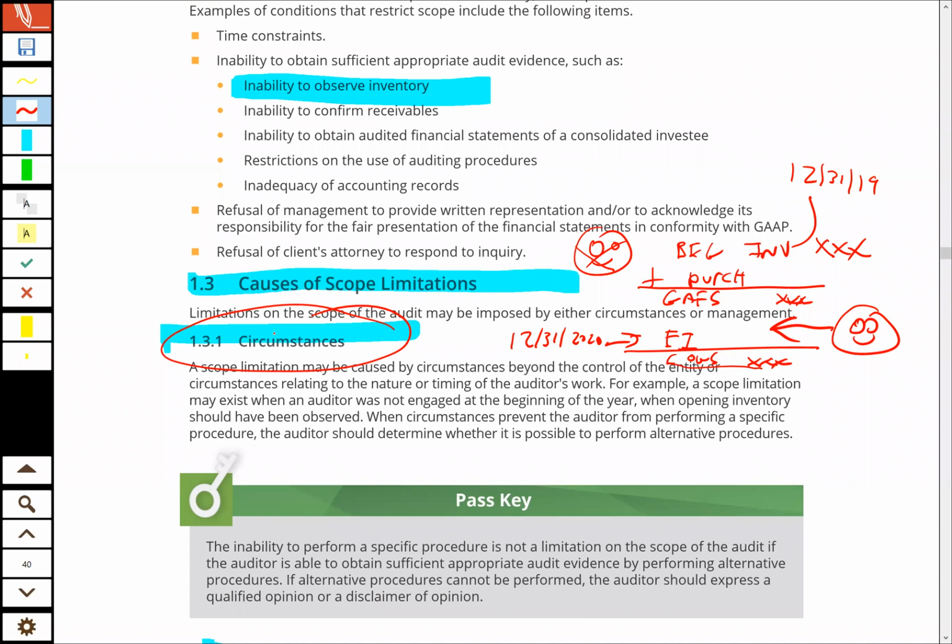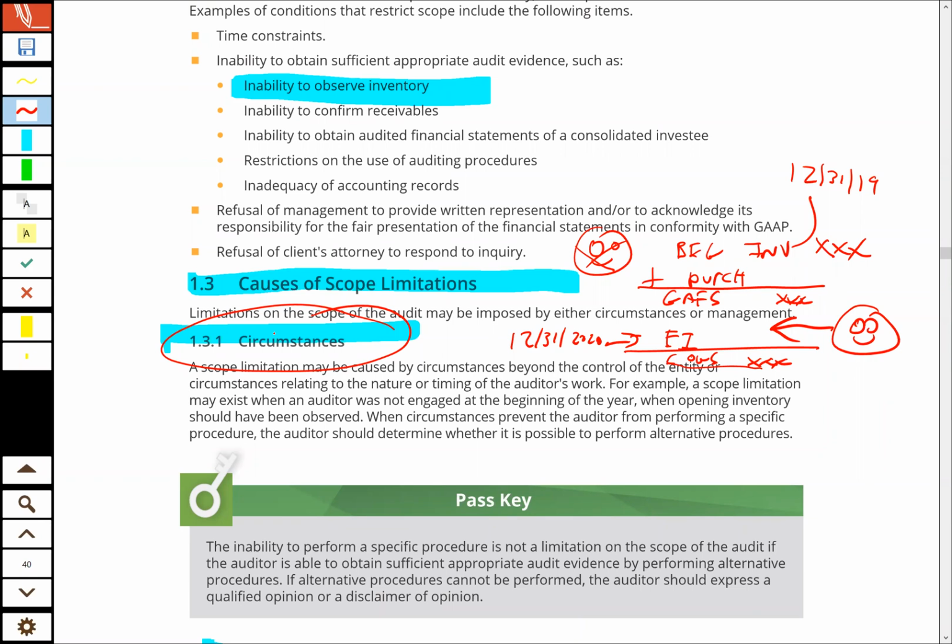Now look, if management hires you February 1st, and you say, well, we have this problem because we're supposed to observe the inventory, and beginning inventory is critical in calculating cost of goods sold, how about you propose to management that we retake the inventory at February 1st?